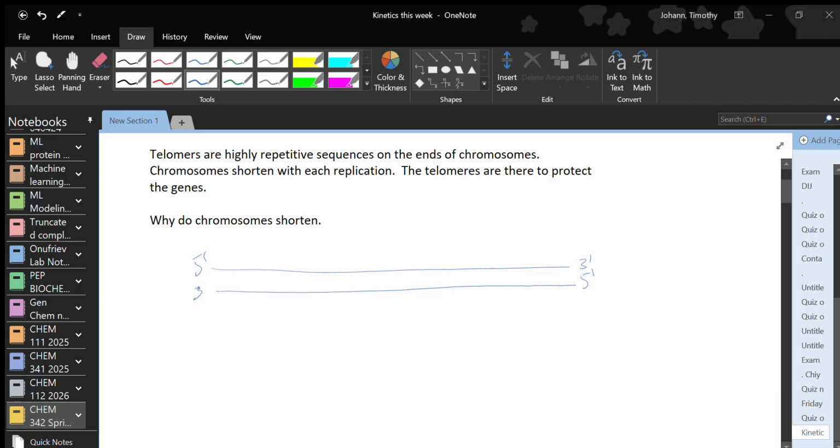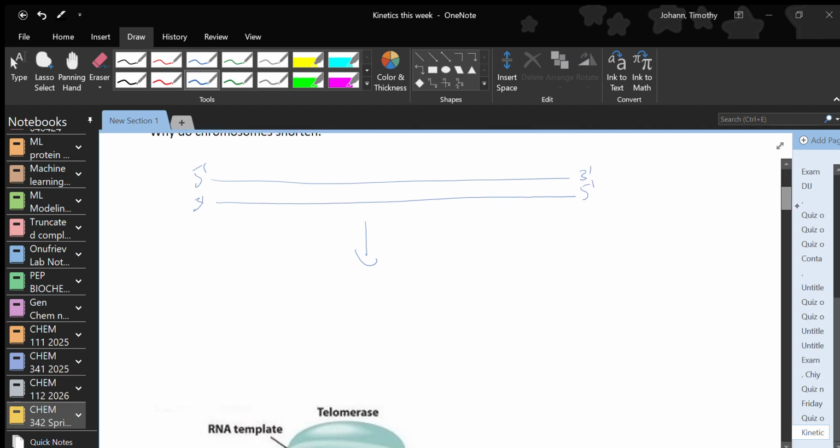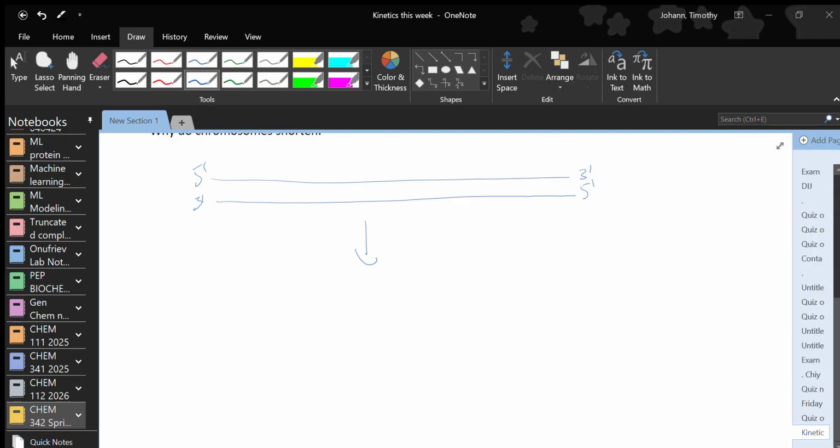In reality, these things are incredibly long compared to how wide they are. What you're going to do for a round of replication is going to be like PCR. You should be comfortable drawing these sorts of things, and replication is a similar process, not identical. We saw the proteins involved in the last one. But let's say we denature.